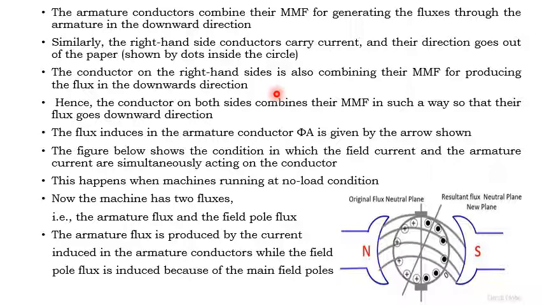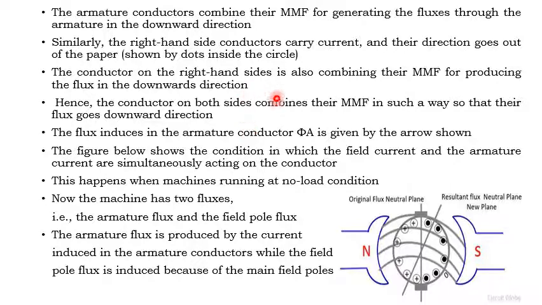Hence the conductors on both sides combine their MMF in such a way that their fluxes go downward, whether on the left hand side or the right hand side. Both fluxes are combined together, and the direction of this flux goes downward.